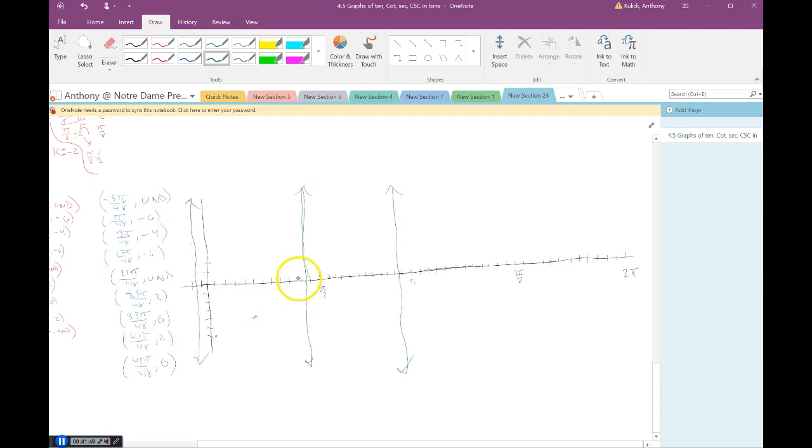And then the other one is 16 here. So you have that part. And then you just kind of continue on.